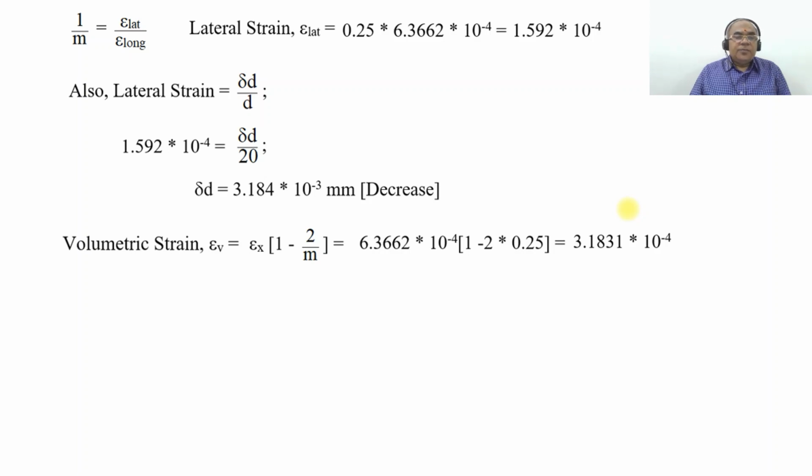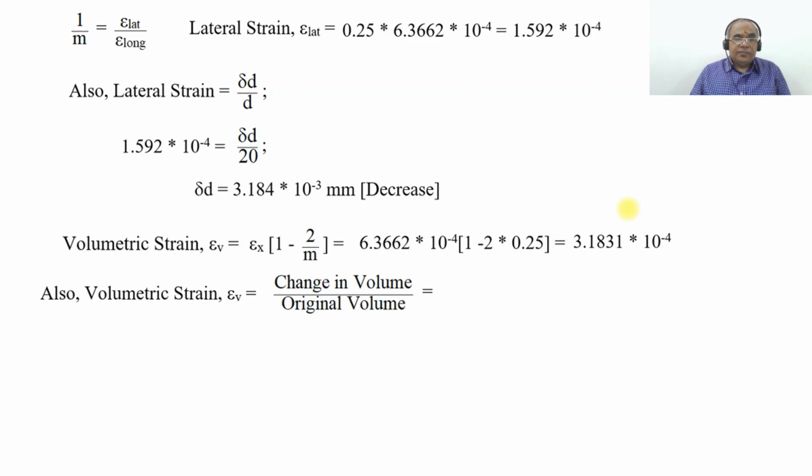The volumetric strain epsilon V equals change in volume by the original volume. You know the volumetric strain and the original volume, so you can get the change in volume. Therefore delta V equals epsilon V into original volume, which is 3.1831 into 10 to the power of minus 4 into 125,637.06.